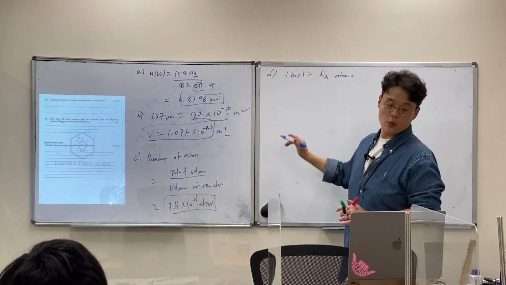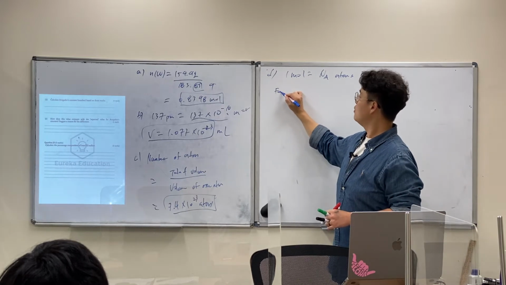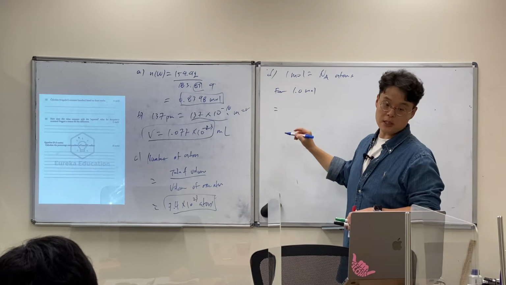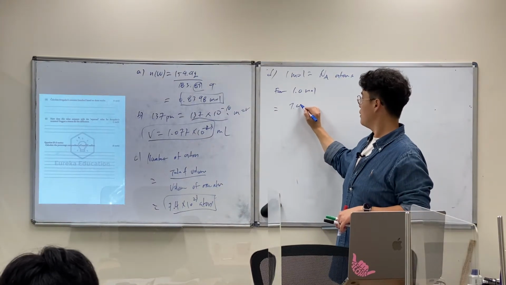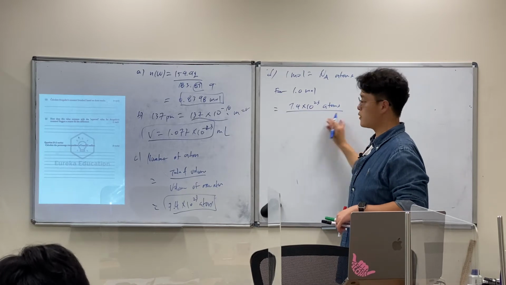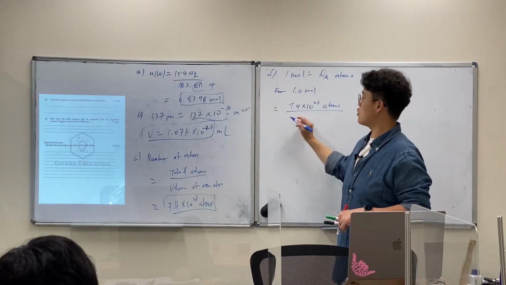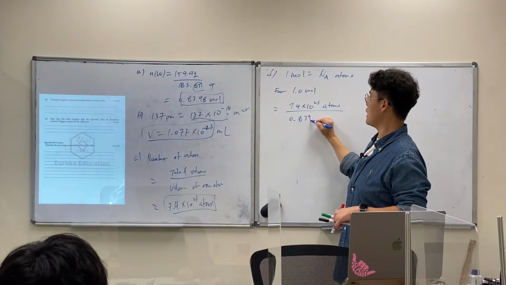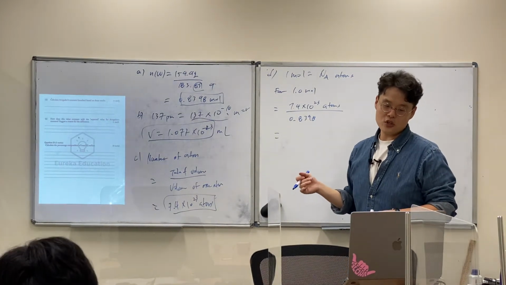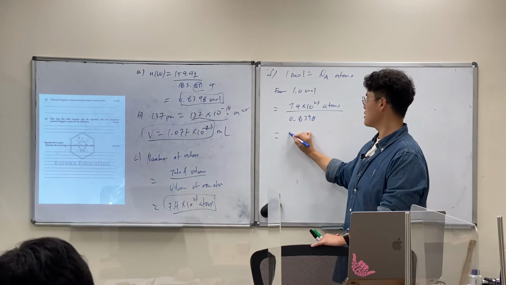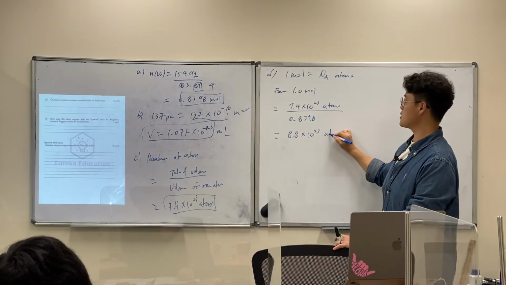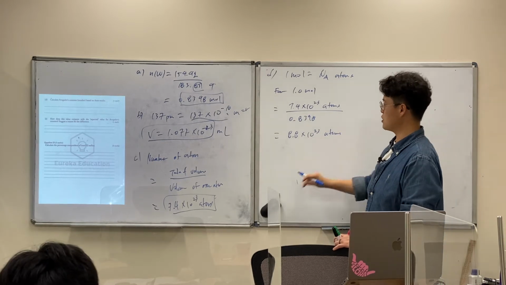That means we can find that for 1 mole, we can divide these two. So 7.4 times 10 to the power 23 atoms divided by the amount of moles we have, which is 0.8398. Then you should get 8.8 times 10 to the power 23 atoms, or molecules, or particles.